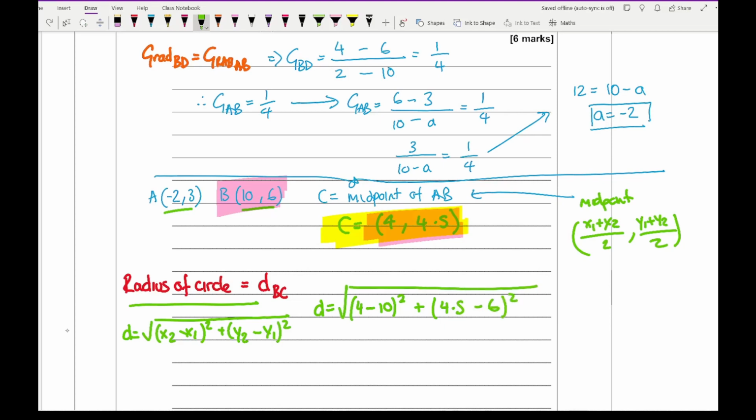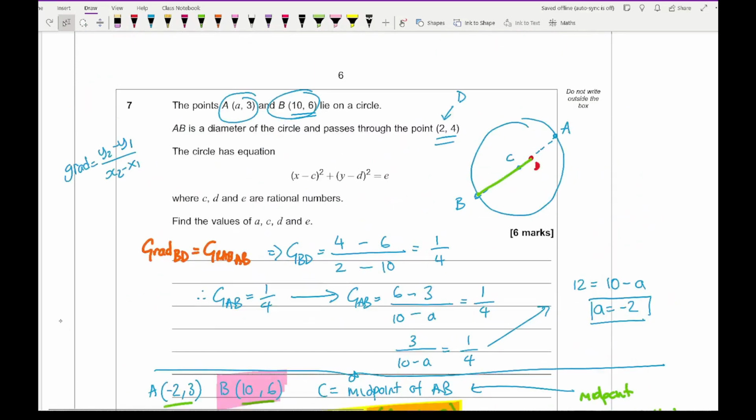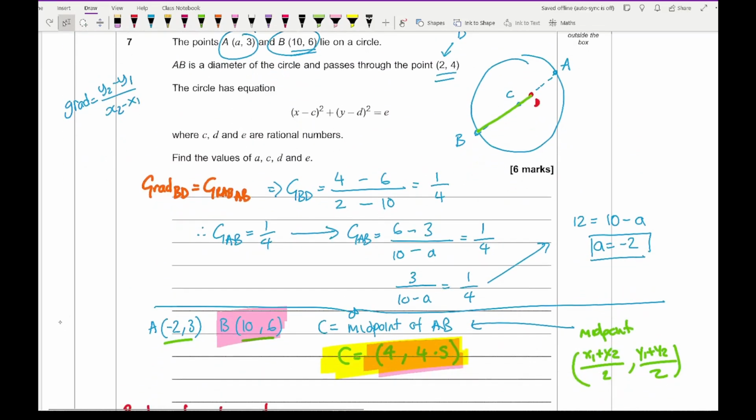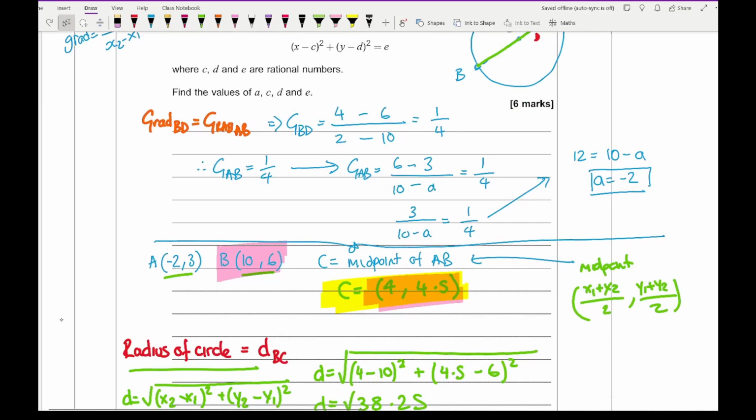And if I type that all into my calculator, I get d equals the square root of 38.25.